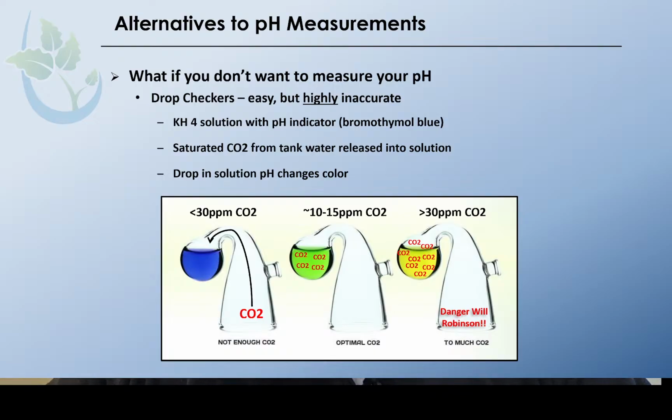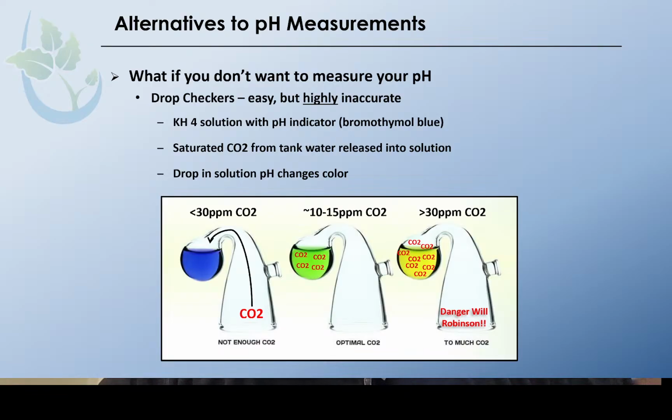In addition, if any liquid from the tank contaminates the bromophenol blue solution, it's going to start changing the chemical nature of your solution. So I'm not a big fan of this. I use it as more of a macro way of taking a quick peek at what's going on in my tank. I don't use it primarily as a way to measure my CO2.